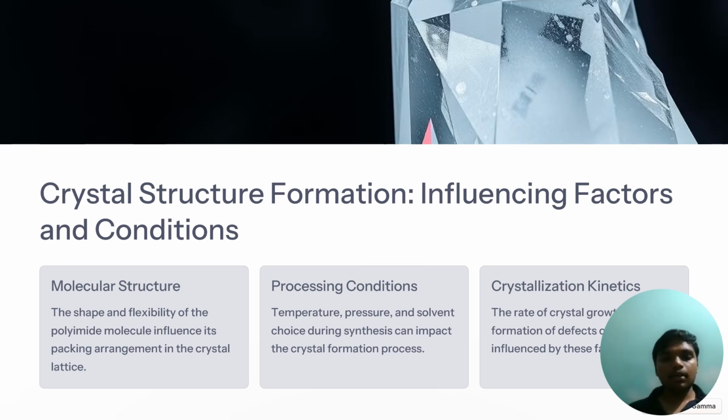Polyamides and their crystallites. Polyamides like nylon 6,6 are characterized by the presence of amide linkages, CONH, in their structures.